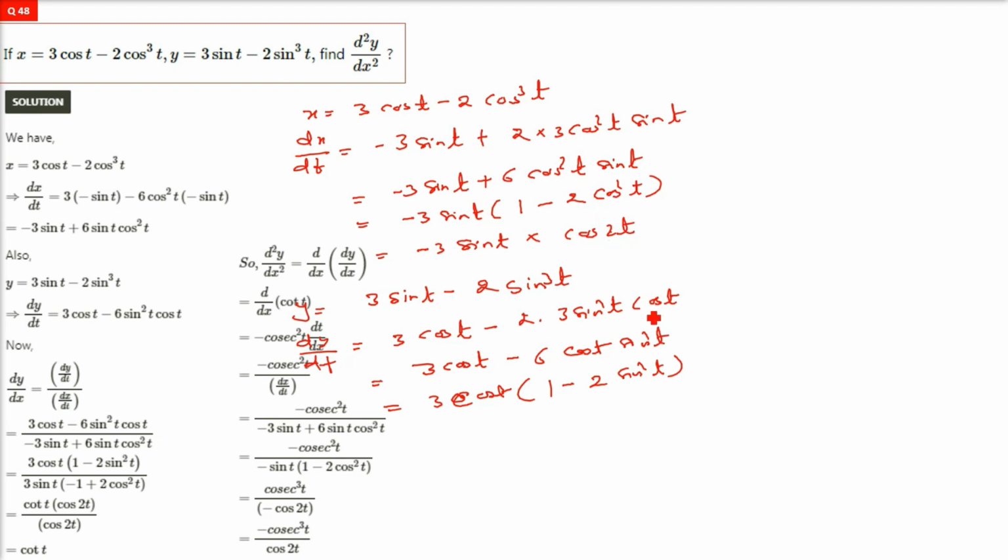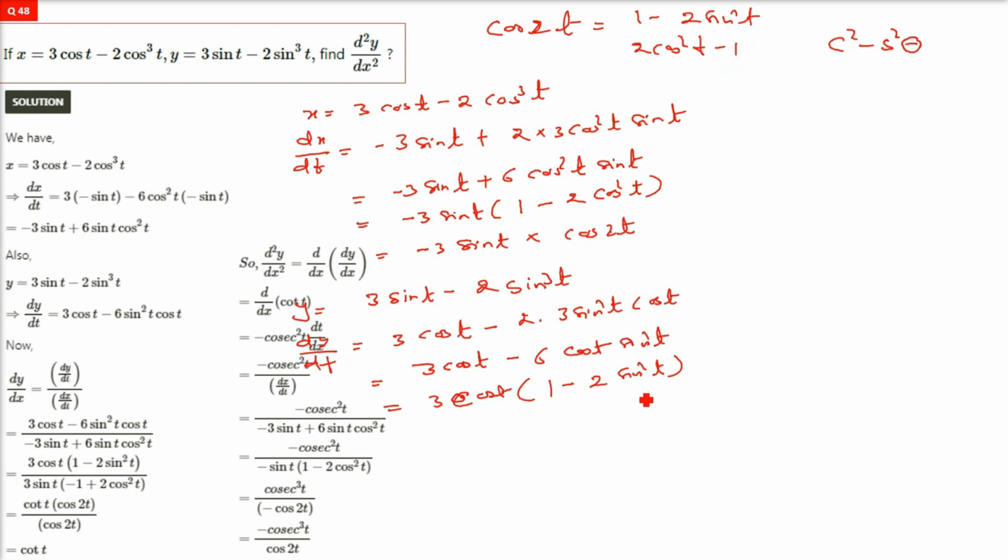So in this dx by dt, we have minus 3 sin t and minus cos 2t, because 1 minus 2 cos square t is going to be negative cos 2t. And we know that minus 3 sin t times minus cos 2t is going to be positive. Same thing we apply: one time we write cos square as 1 minus sin square, one time we write sin square as 1 minus cos square. That is how it goes.